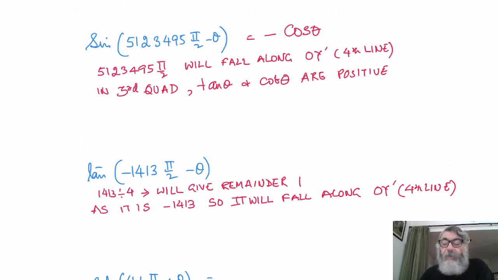So minus theta. Now it is falling along where? Along the fourth line, and minus theta means again it is going to go to the third quadrant.